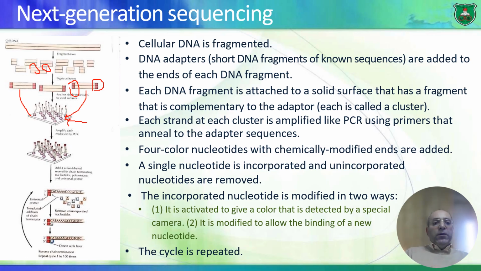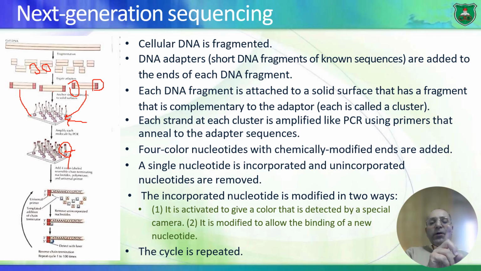Now, the solid surface contains many short DNA molecules that are complementary to the adapters. So each DNA fragment is gonna bind at a certain place, and it's random, by the way. Nothing is organized. Then, each DNA fragment is amplified at each position, forming a cluster. So we have a cluster right here that contains 100 DNA fragments.